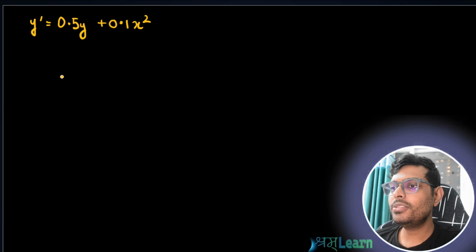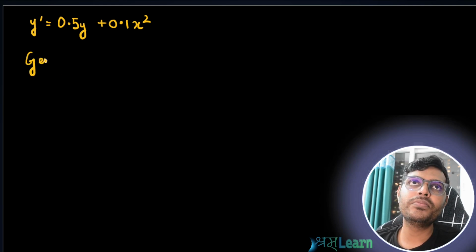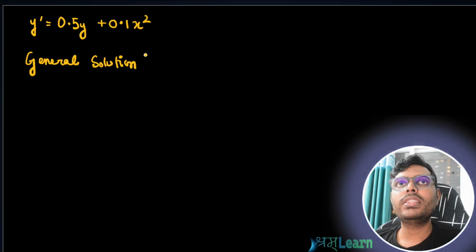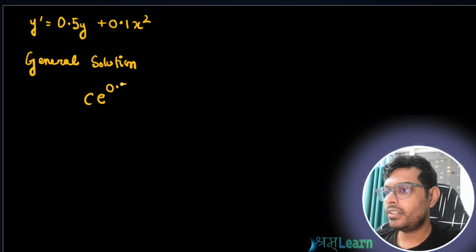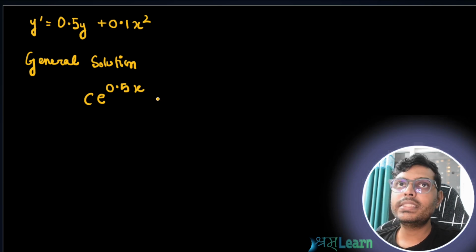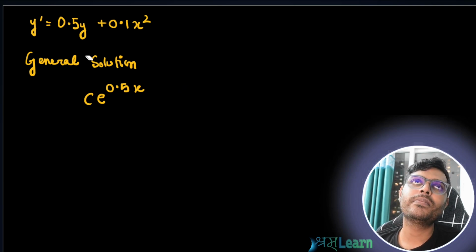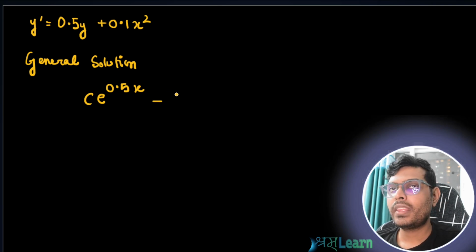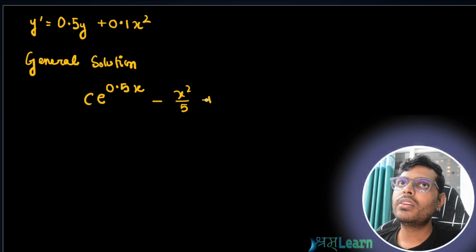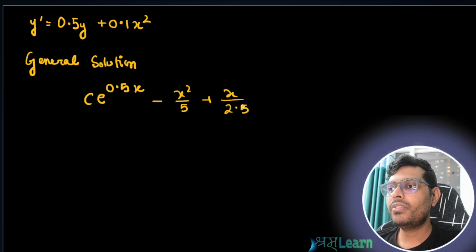Okay, and the general solution comes to be c times e to the power 0.5 x, plus or minus x squared by 5 plus x by 2.5 plus 1 by 1.25.